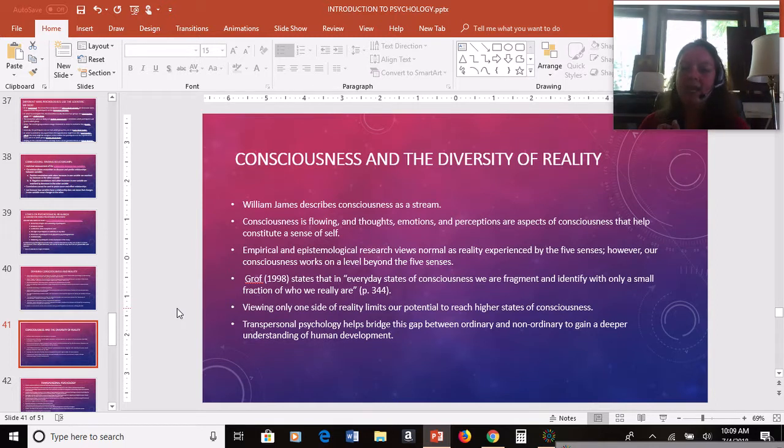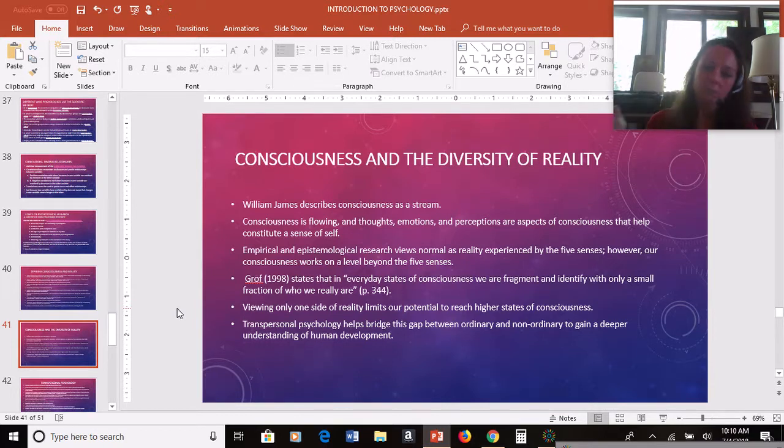And like I said, William James describing our consciousness this way really helped open us up to our potential as human beings and to be able to reach these higher states of consciousness that things like our belief systems and our religions tell us about. These ideas of higher states of consciousness really do exist in all religions and belief systems.